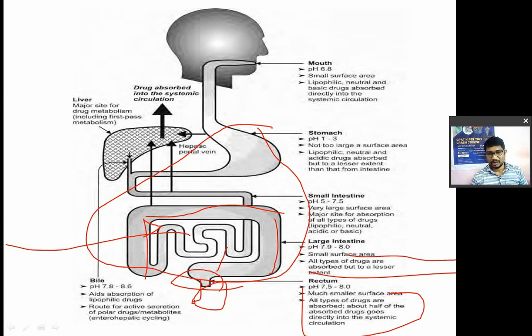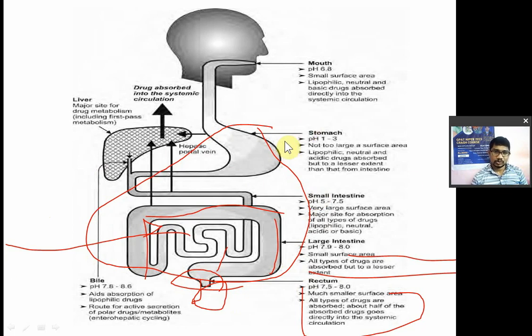That's why this GIT is supplied with one vein known as the portal vein, and whatever nutrients, food or drugs are absorbed, most of the absorbed content is directly sent to the liver.